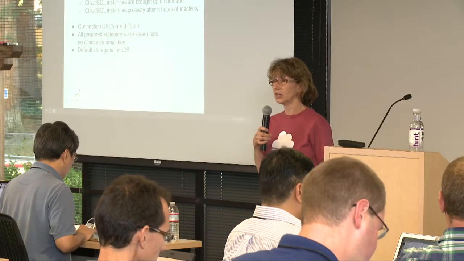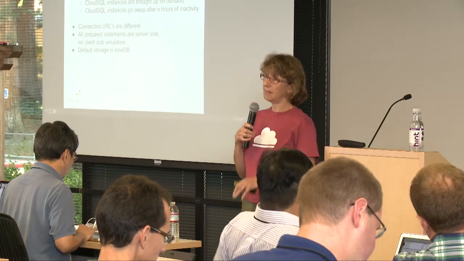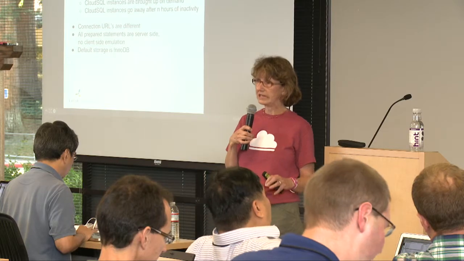And the other thing is that to help you keep your costs down, if you have a Google Cloud SQL instance and it's not being used, if it goes idle after some amount of time, it's actually shut down. So it's not running up charges for you when it's not in use. The fact that the instances go down when they're idle and come back up when they're needed is just a slightly different way of thinking about it.